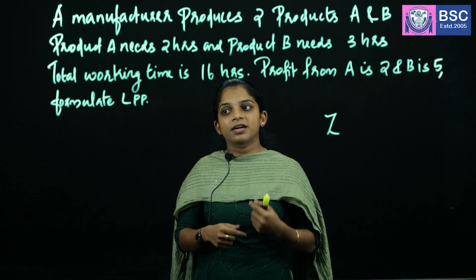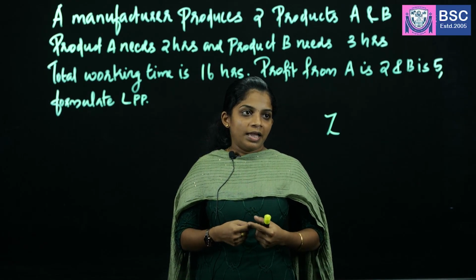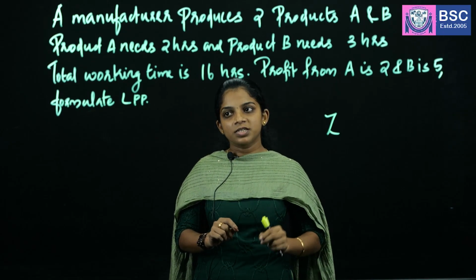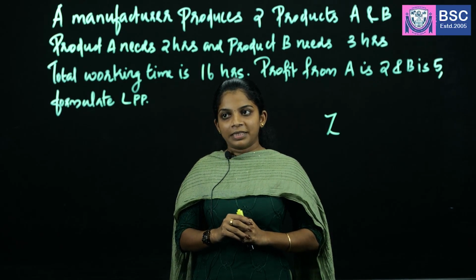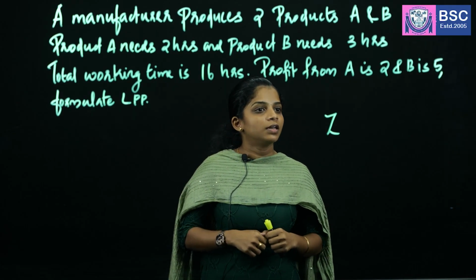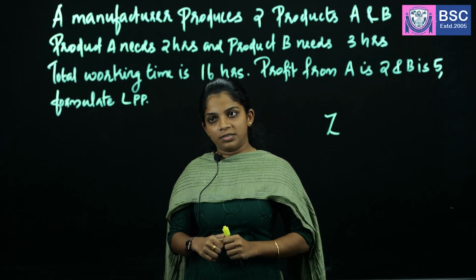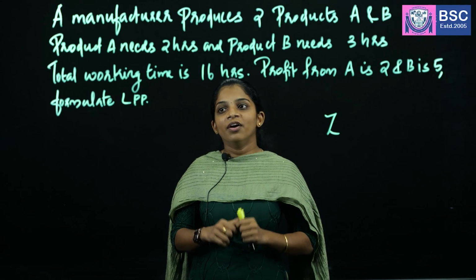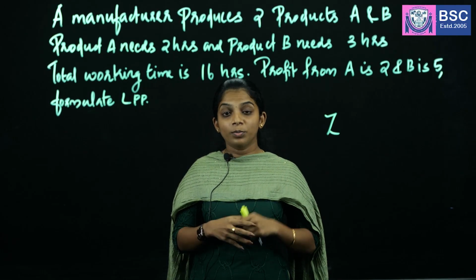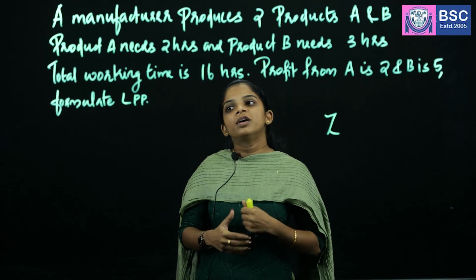So considering these constraints is the next step in formulating LPP. For this, we need to mathematically construct these constraints. We need to write them in numbers and figures in order to make a wise decision. So the second step in LPP is to form the constraints. Constraints means the limitations which are a problem for achieving our objective.